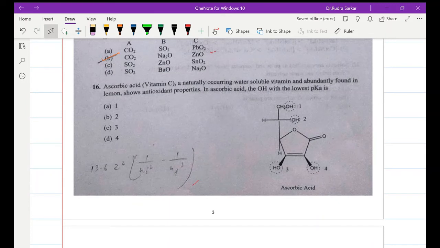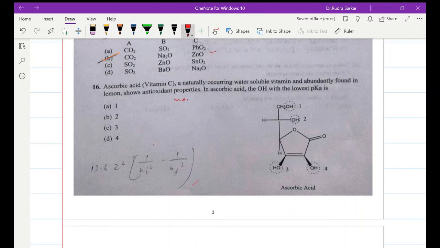Question 16 says ascorbic acid, vitamin C, a naturally occurring water soluble vitamin and abundantly found in lemon, shows antioxidant properties. In ascorbic acid, the OH with the lowest pKa, that means the most acidic proton, we have to find, right?